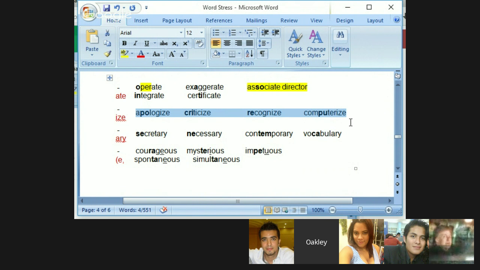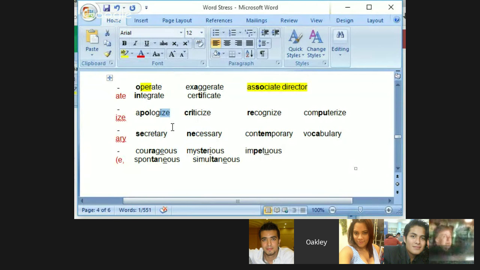Okay. All right. There is another, with A-T-E in a verb or I-Z-E in a verb. Really what you're doing, apologize, you are giving full pronunciation to the sound. What you're doing is using something called secondary stress. Primary stress is what we've been talking about for the past 45 minutes up until now.